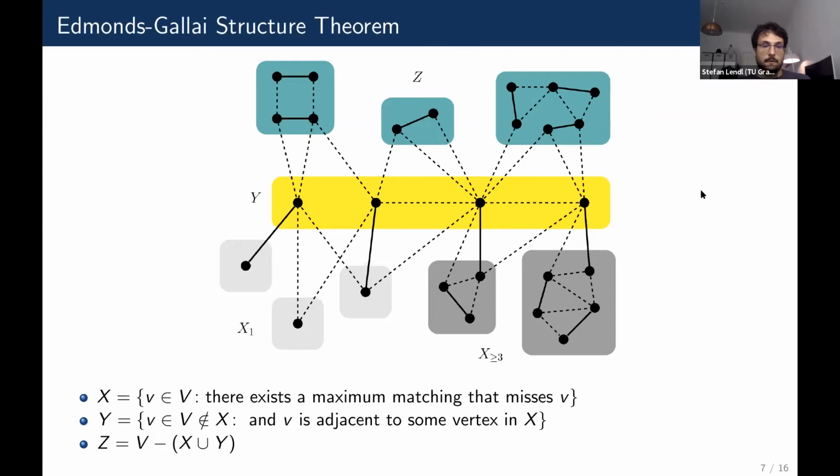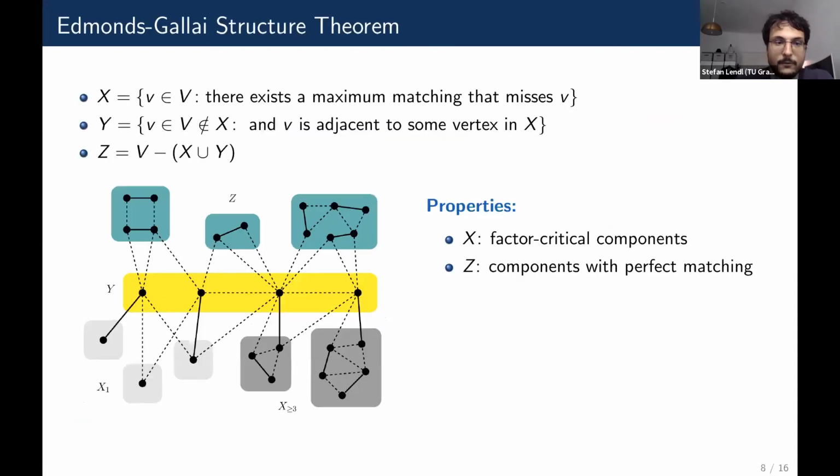The nice thing about this structure is that on the one hand, you can find it in polynomial time using, for instance, Edmonds' Blossom algorithm. On the other hand, you know a lot of things about it. The components of X are all factor critical. Namely, you can remove any arbitrary vertex from these components, and the remaining graph contains a perfect matching. The components in Z, the blue ones, all contain perfect matchings.